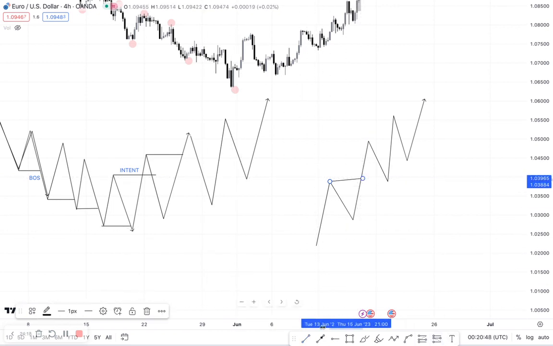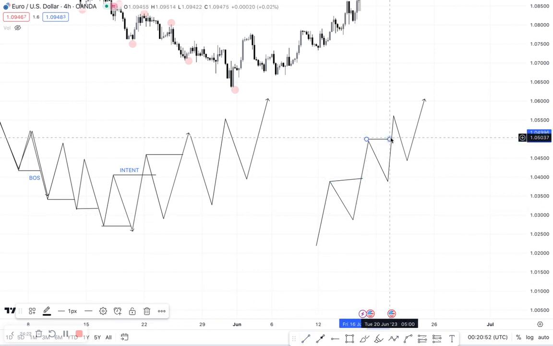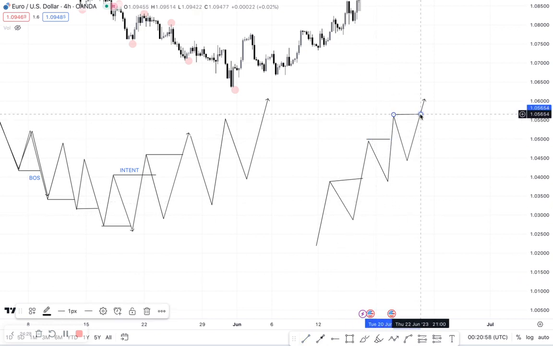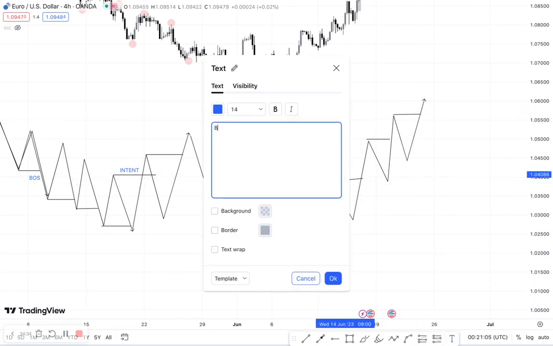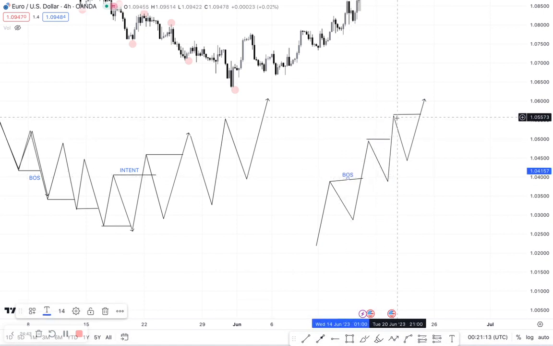So we are having a break of structure here, break of structure here, and then break of structure here. So let me add it out, BOS. Now we're having a break of structure here, here, and here.